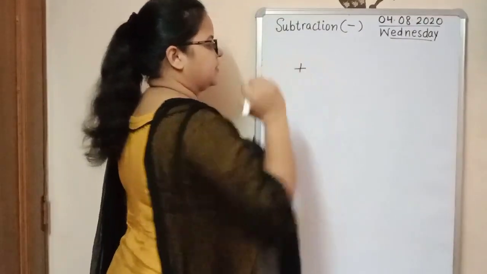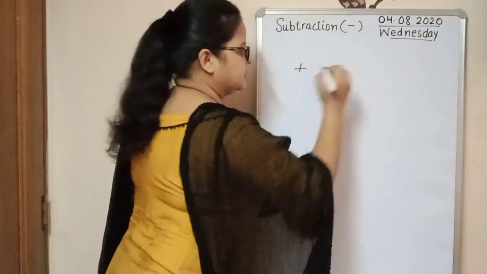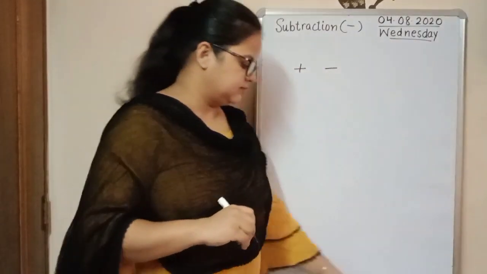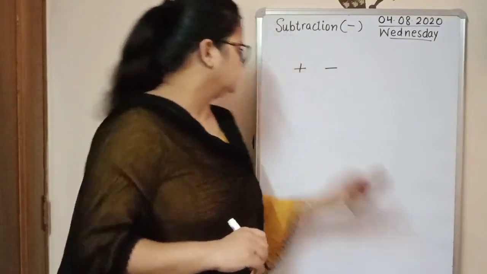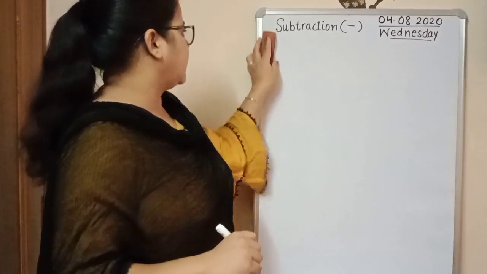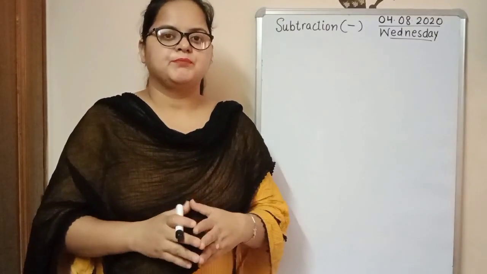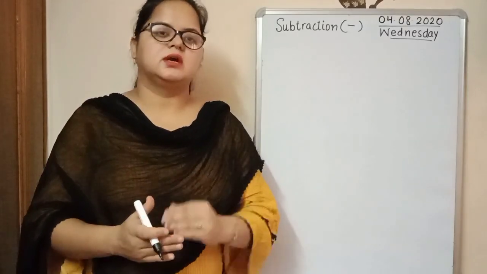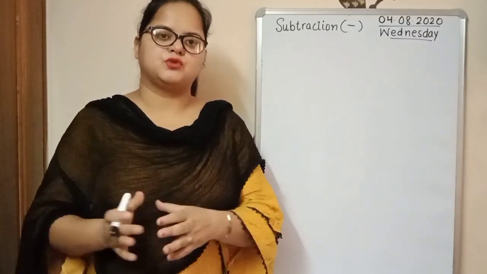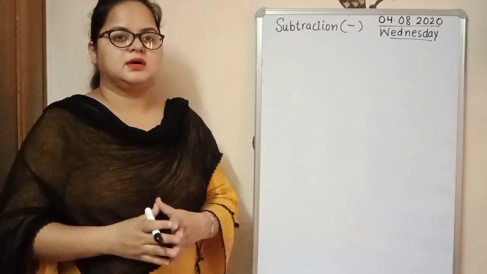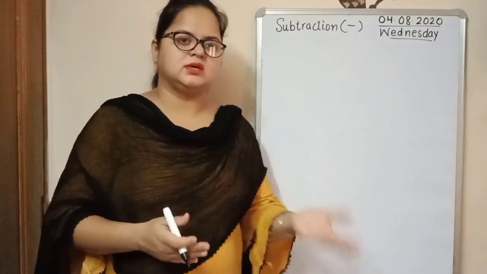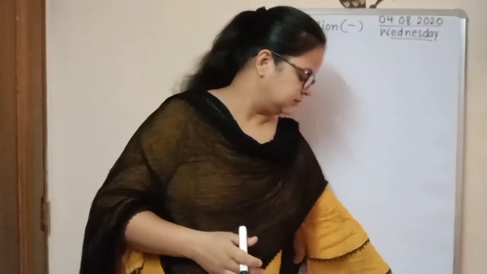This is the sign of addition and this is subtraction. Addition means to add two numbers and subtraction means taken out. One thing from one number is taken out from the another.